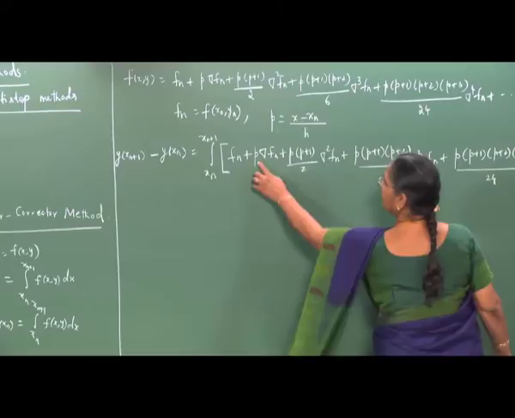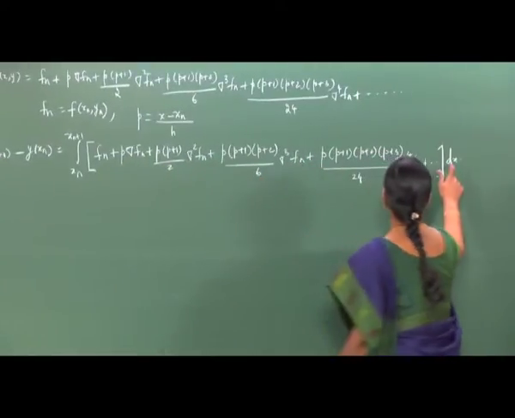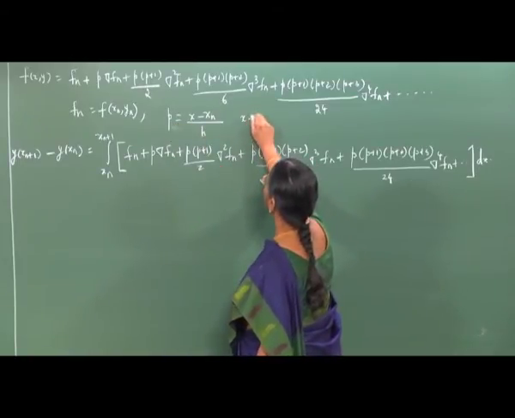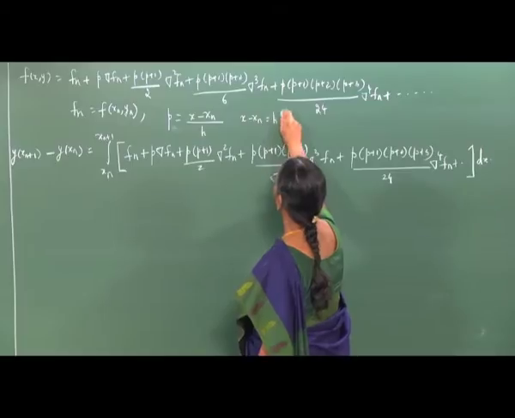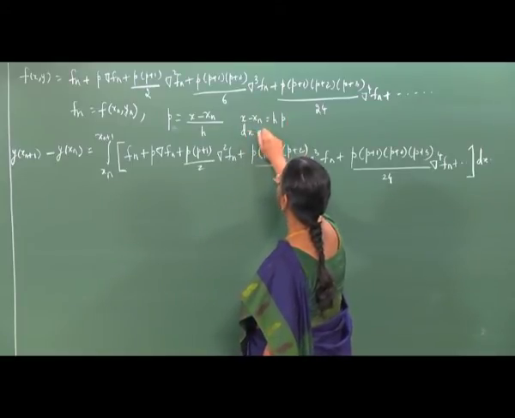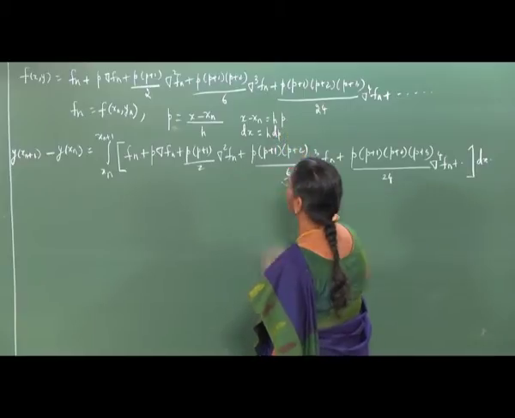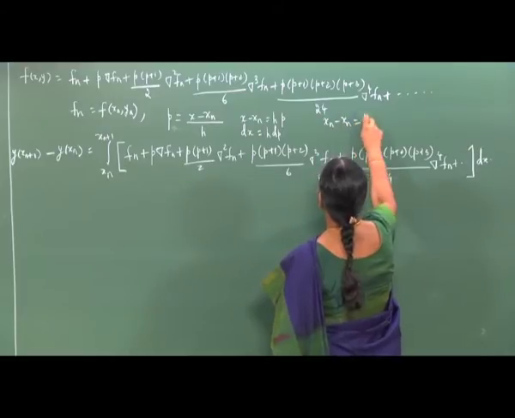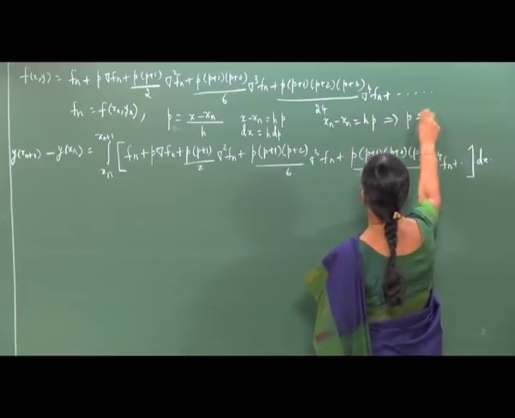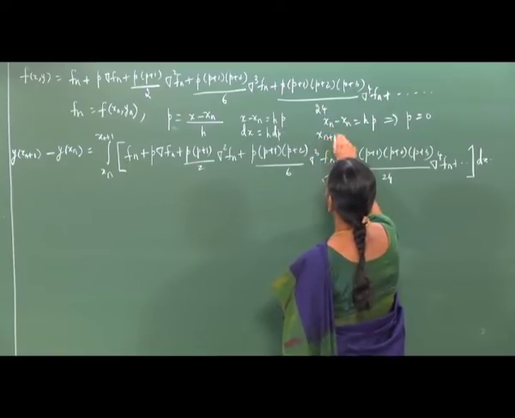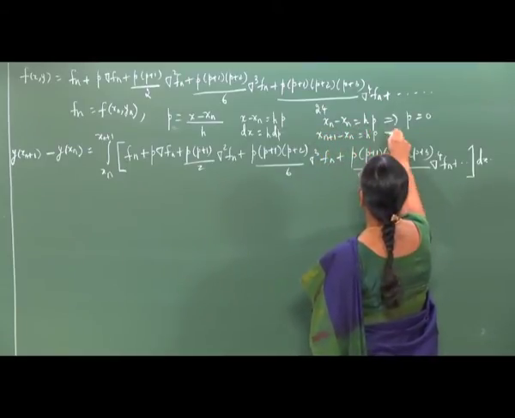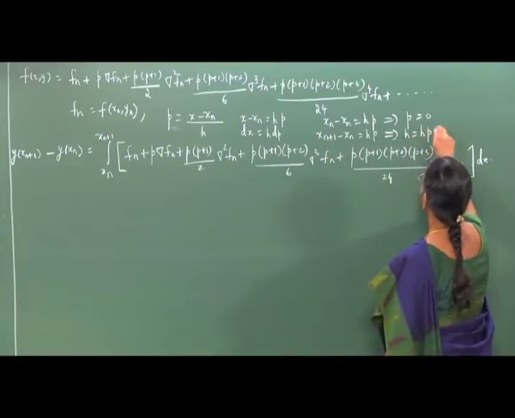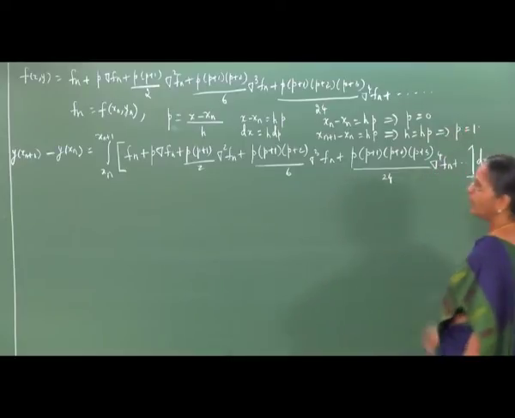Now, I observe that the variable here is p and the integration is with respect to x. So, I use this transformation. So, I have x minus x_n to be h into p. So, dx will be equal to h dp. Further, when x is equal to x_n, then p is 0, and when x is equal to x_{n+1}, then we have h to be equal to hp, which gives you p to be equal to 1.